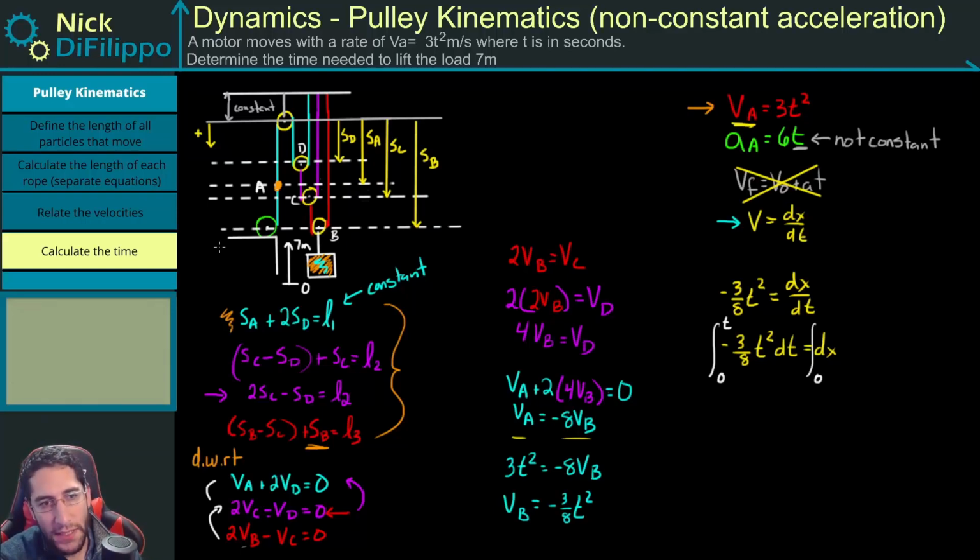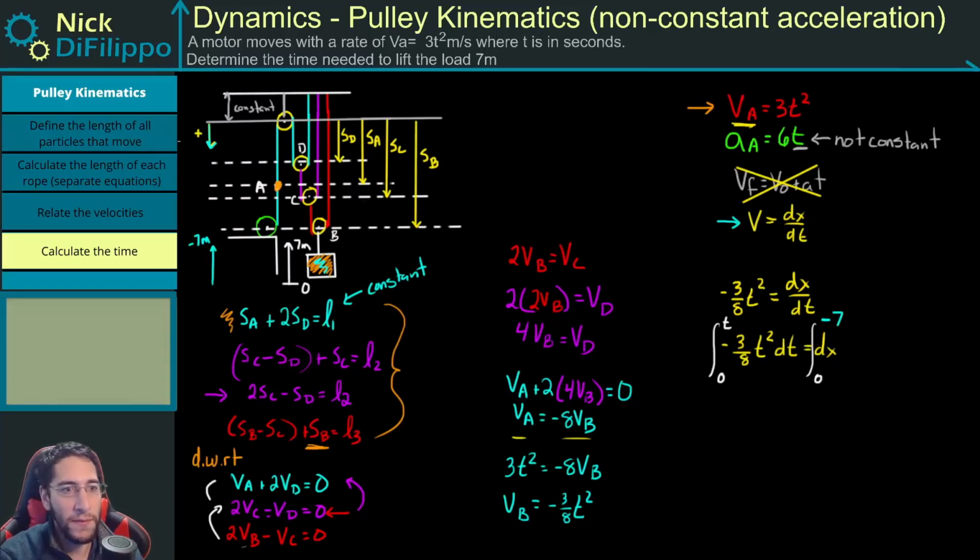Why? Because we define positive to be downward. Because we define positive to be downward, our final position is moving upward. So our final position is actually minus 7 meters because it goes against what we defined as positive. So this is going to be a minus 7.